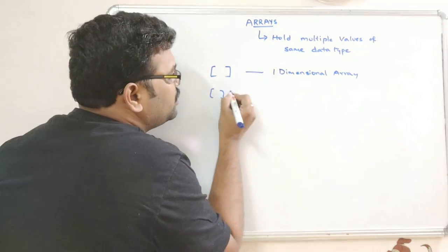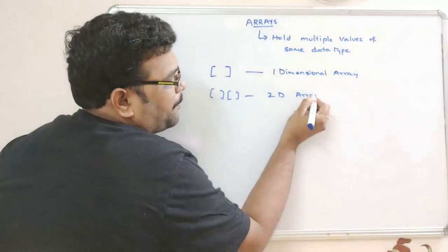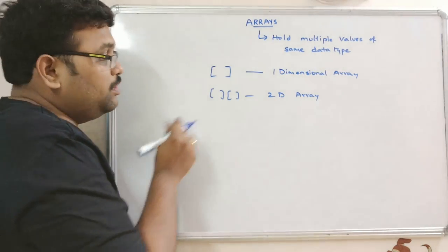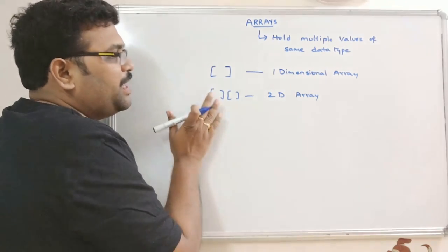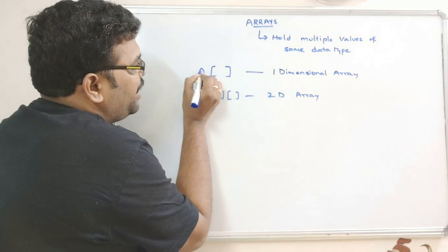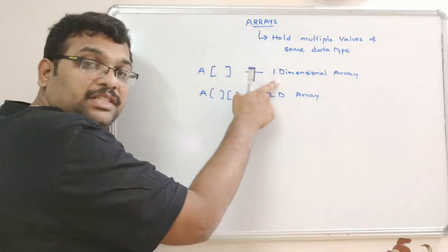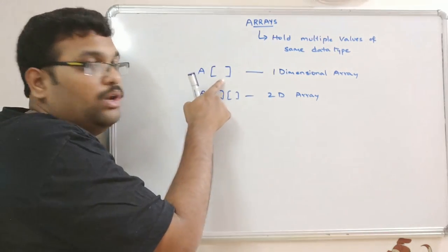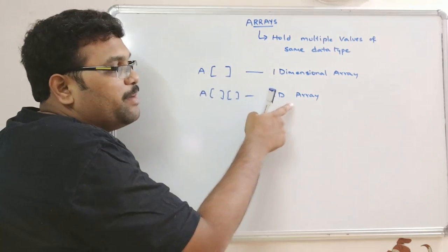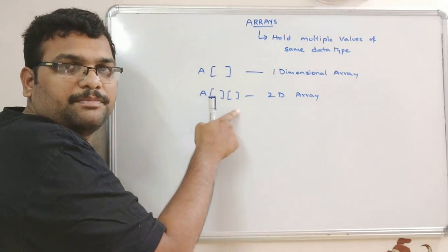And if you are using two subscripts, it is a two-dimensional array, right? So this subscript should be placed after the variable name. Let it be some a. So this is called an array. This is a one-dimensional array as we are including only one subscript, and this is a two-dimensional array as we are using two subscripts.